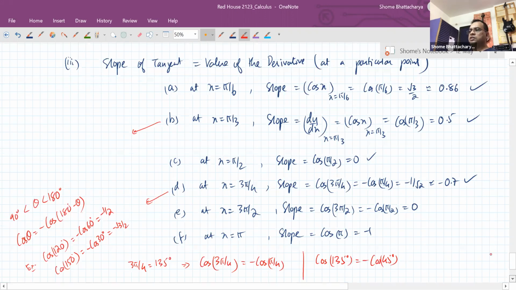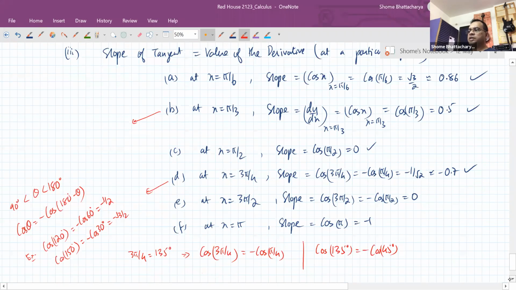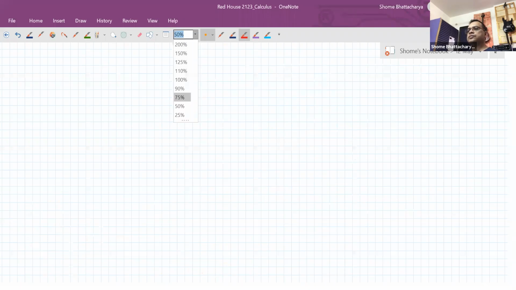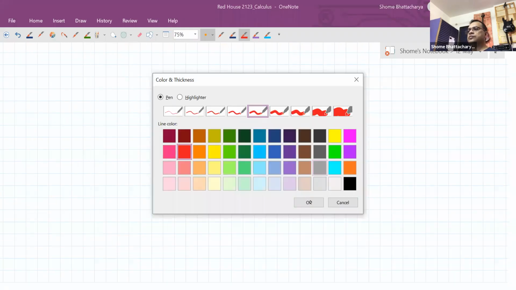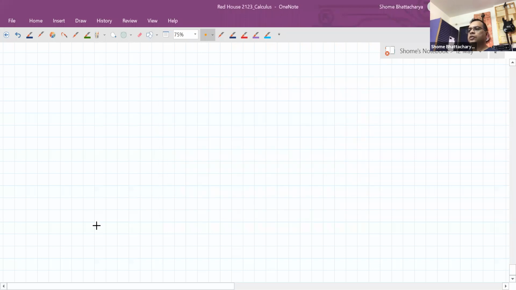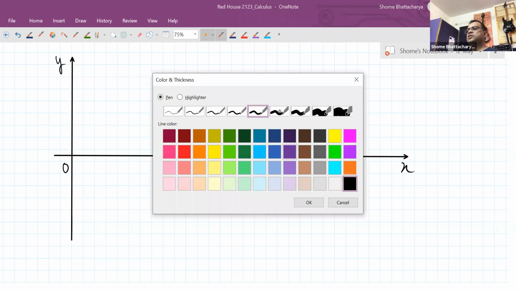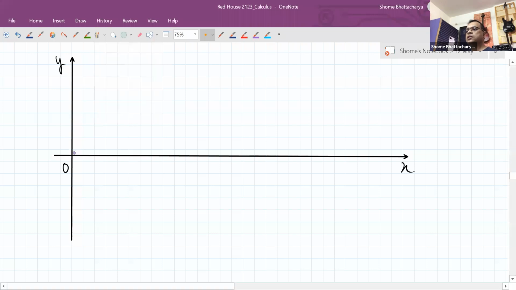Now, the more important thing for us is that once we've calculated these rates of change, we can make sense of it from the graph. So going back to the graph of the function, you can see that the shape of the graph is such that you should be able to justify why the slope is positive at certain points, negative at certain other points, and so on and so forth.